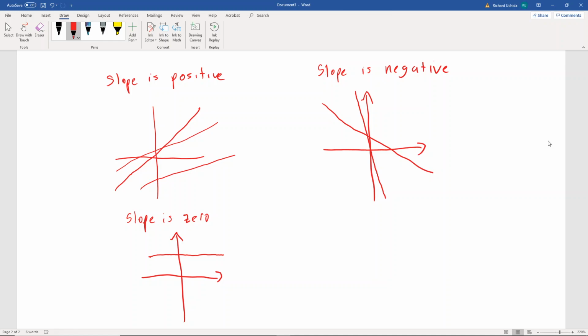And then, what if the slope is undefined? Algebraically, that would mean if you use the slope formula, you would get a 0 in the denominator. And remember, when you have a 0 in the denominator, the fraction is undefined. That would happen in the case if the line was vertical. So that is to help you prepare for the average rate of change of a function.